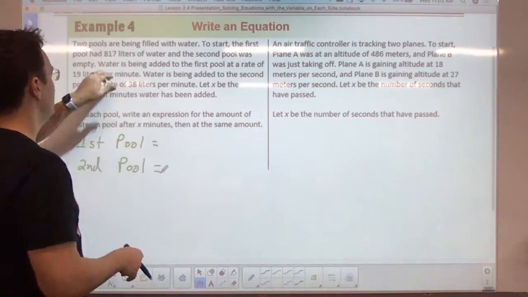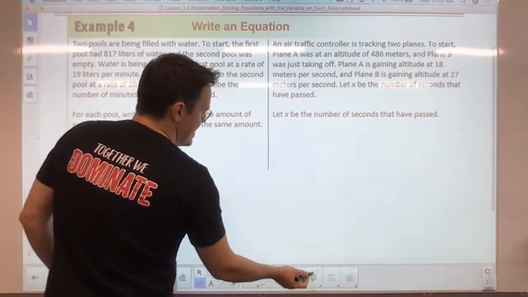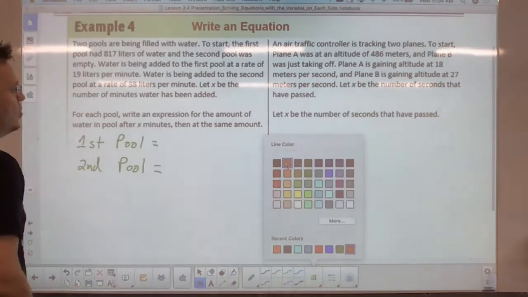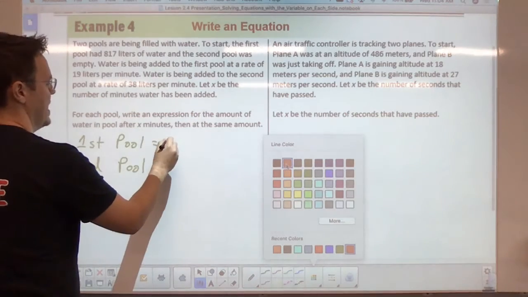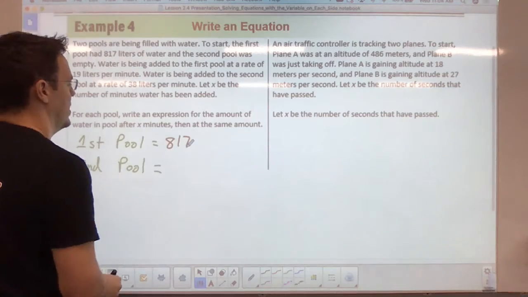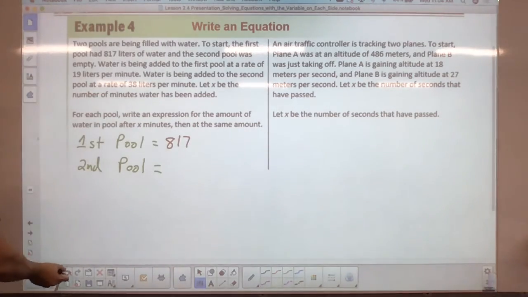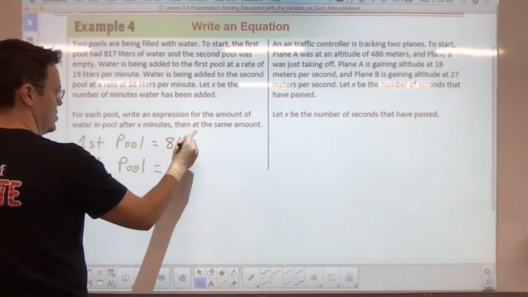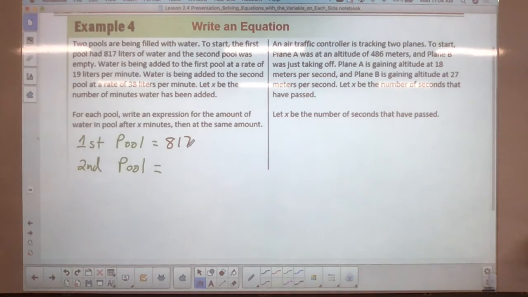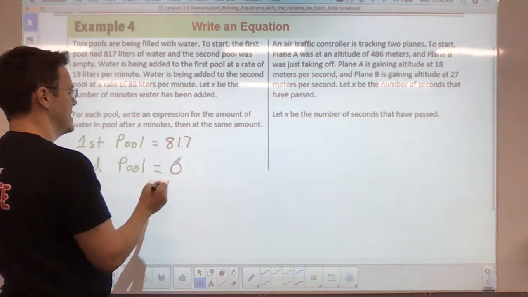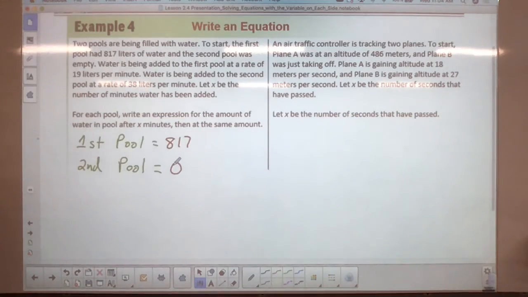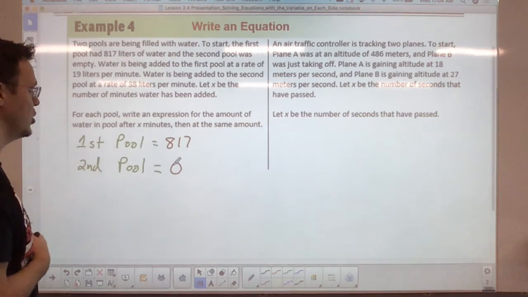All right, to start, the first pool had 817 liters of water. So we know number 1 has 817 liters of water. That was horrible, 817. Let me fix that. There we go. I think that's a little better, it may not be. Second pool was empty, so we know this one's got 0 in it. Water is being added to the first pool at a rate of 19 liters per minute.